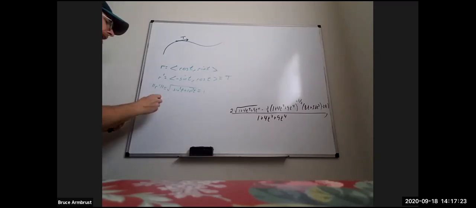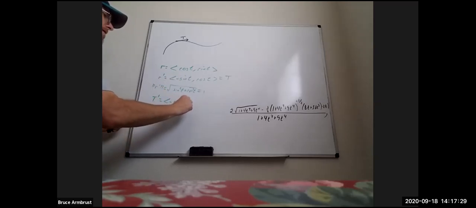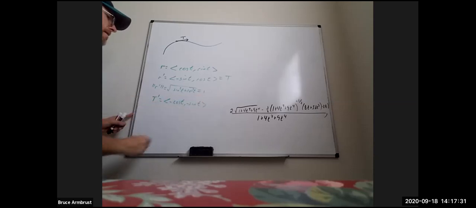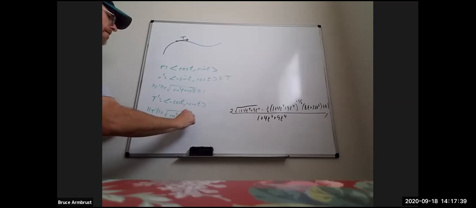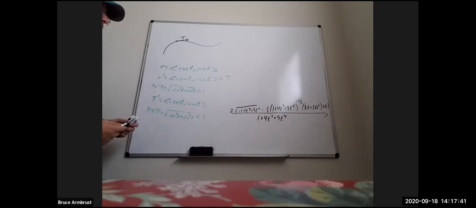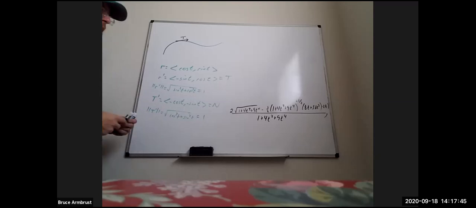So then if we want to find N, we need to go to T prime. That's just the derivative of this, which is negative cosine, negative sine. Again, its magnitude is the square root of cosine squared plus sine squared. Boom, which is 1. So that guy is also N.